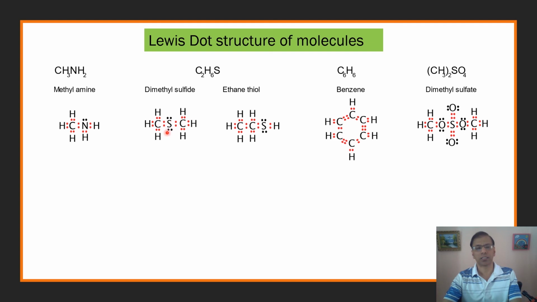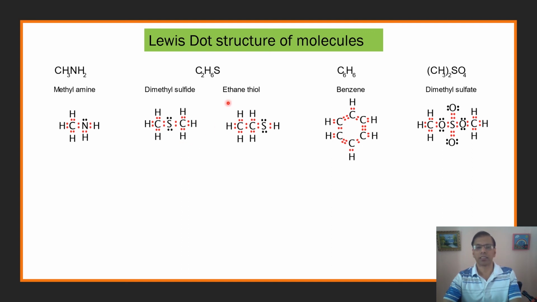Sulfur, if you recall, has 2 unpaired electrons, and so it can form 2 bonds, so it's next to 2 carbon atoms. It also has the 2 lone pair of electrons, which are in black color. So this is how you draw the Lewis dot structure of dimethyl sulfide.